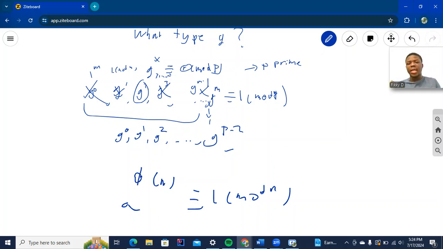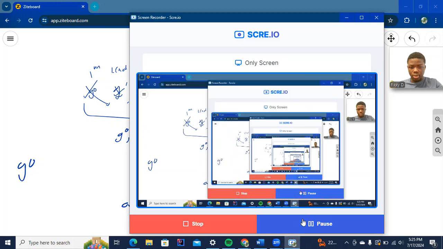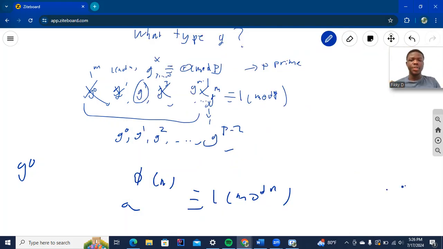You can think of it this way: everything starts off as 1 mod n when you're exponentiating, starting from g to the 0.